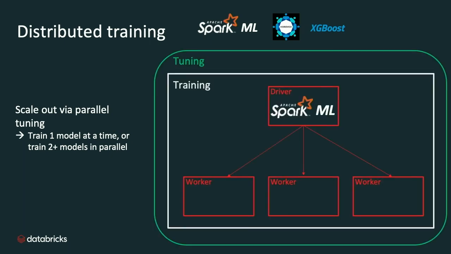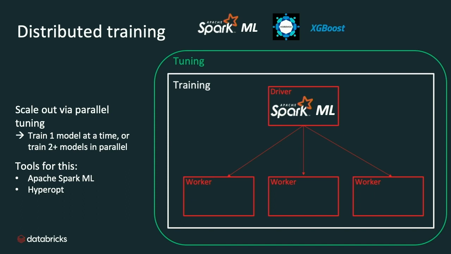And so that might look something like this, where you wrap the training process, which is orchestrated from the driver, say by Spark ML, with tuning. And the possible tools which come into play here are, for example, Apache Spark ML, which has its own tuning algorithms. And those actually do support a parallelism parameter, allowing you to fit multiple models in parallel to scale out further.